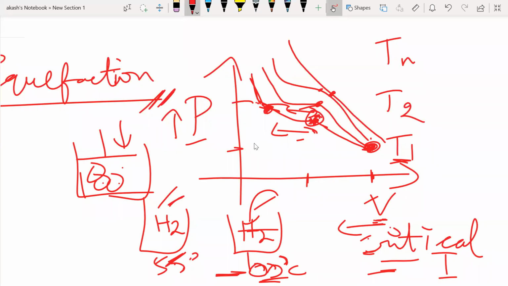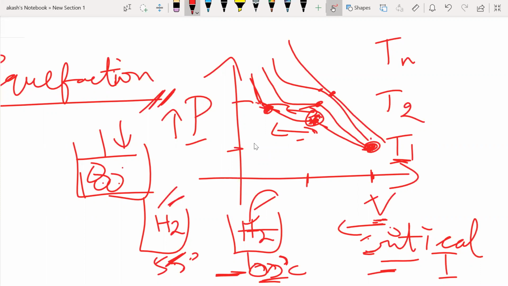Now I'll ask a question from whatever you have understood. If I want to easily liquefy the gas, should I have a higher critical temperature or a lesser critical temperature? Lesser? Okay, let's give an analogy to understand the situation.